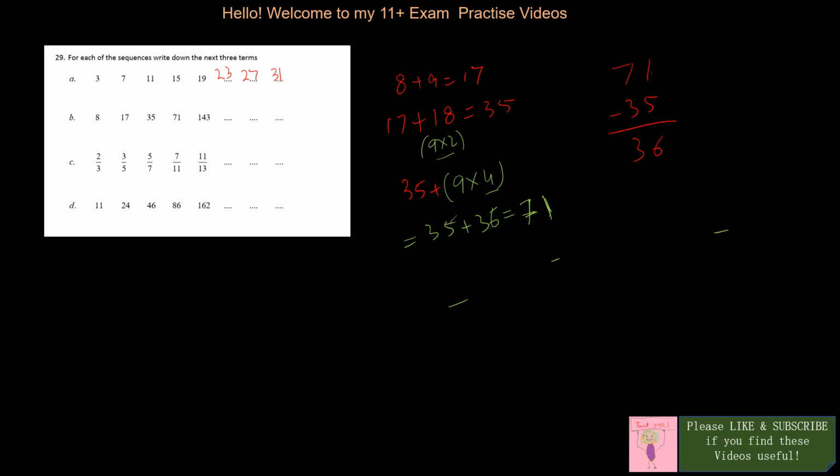Yeah, 17 and 18 is 35. Then 9 times 4 is 36. So we get 71. Then we have to do 9 times 6 and 71 plus that, which is 71 plus 54, and that equals 125. What am I doing?